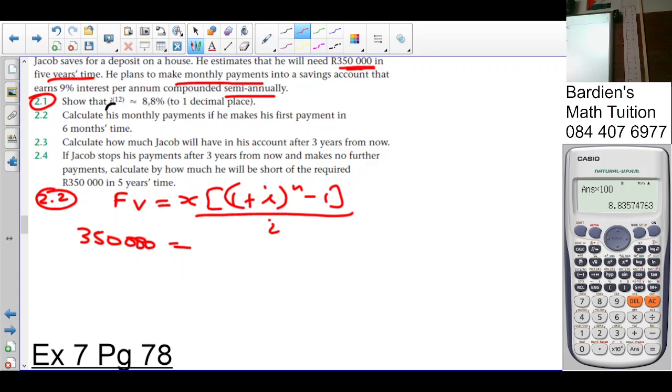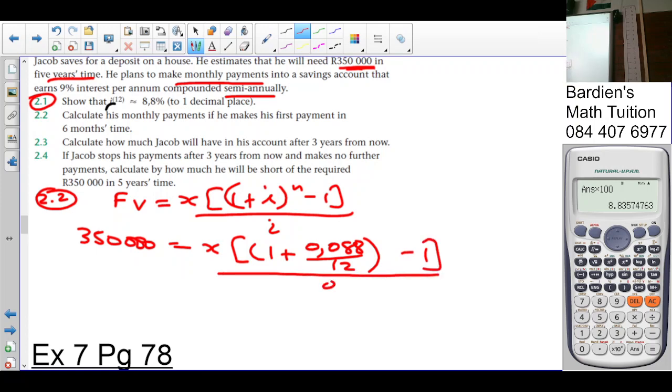How much is he paying? That's what we calculate. Into 1 plus, what's your interest rate? 0,088 over 12. That's compounded monthly. Minus 1 over i. To the exponent 12 times something. Okay, it's going to be 12 times. How many years is this for? 5 years.